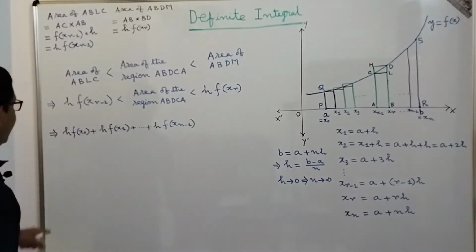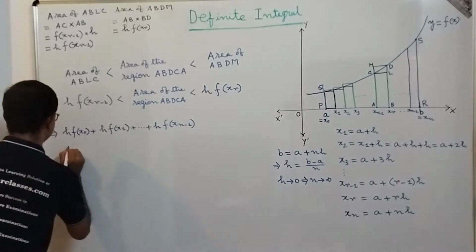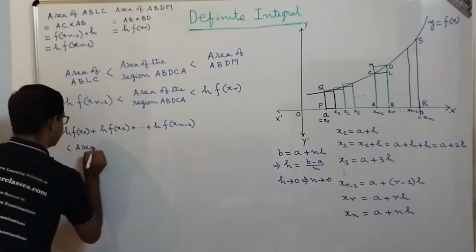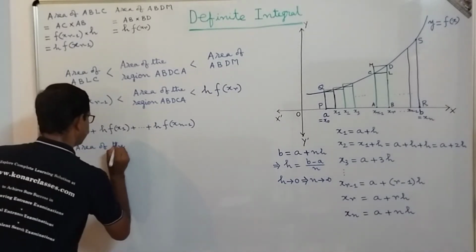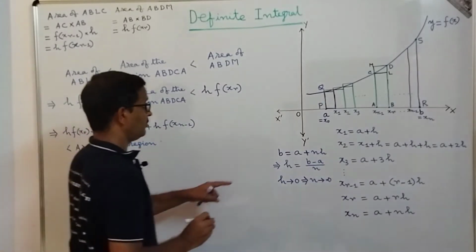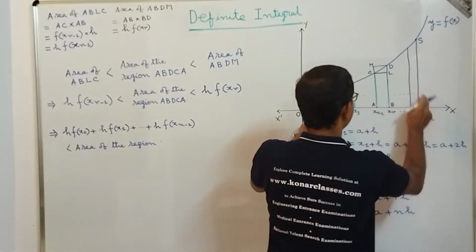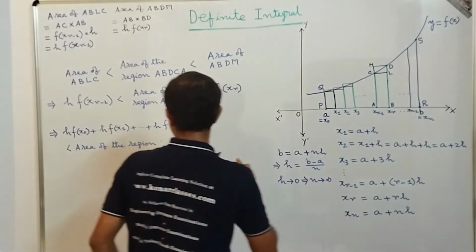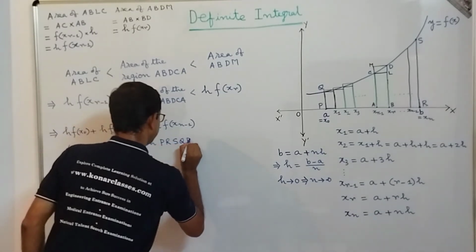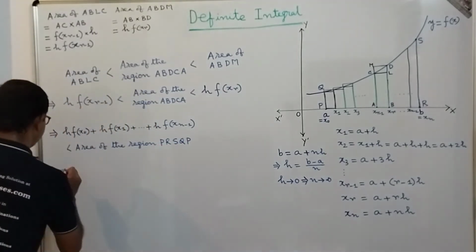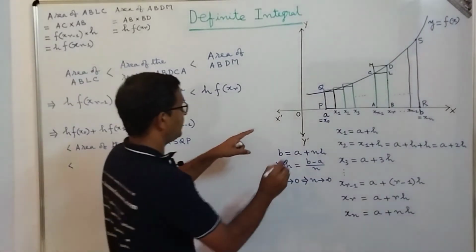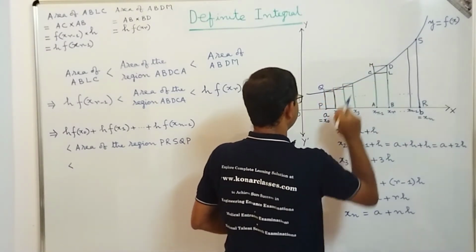Okay. So that is lesser than the area of the region, what we can write, PRSQP. Okay, PRSQP, and that is lesser than the sum of the areas of the upper rectangles.